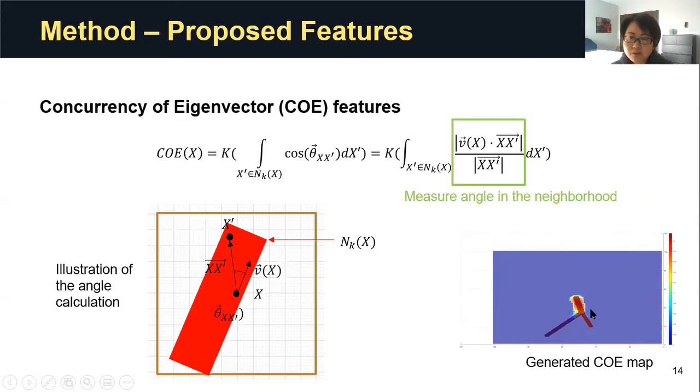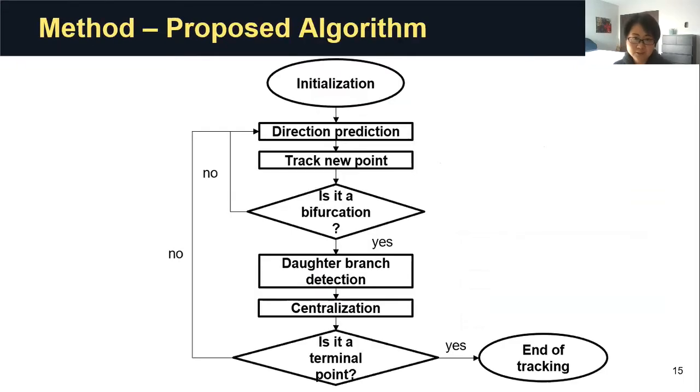We can see from the lower right figure that the COE map has a higher value along the center line of the blood vessel, while it's relatively lower when going across the boundary. So it will enforce the prediction to be as close to the center of the blood vessel as possible.